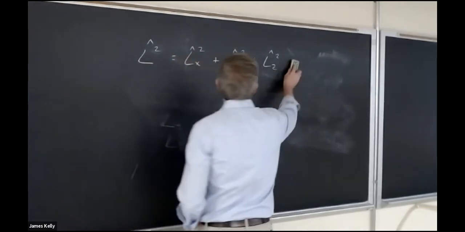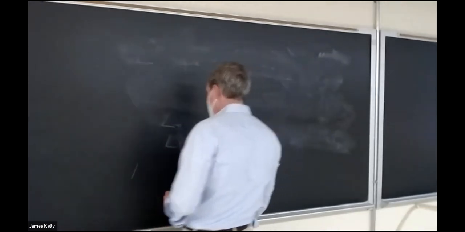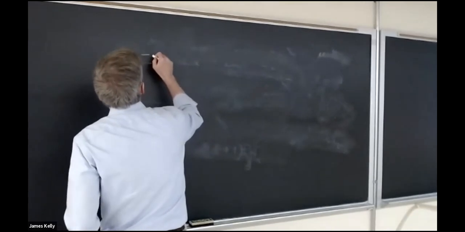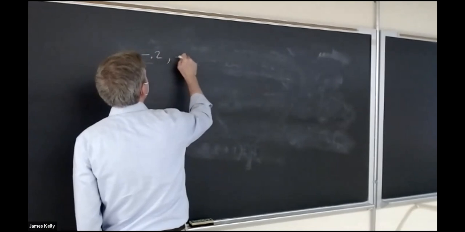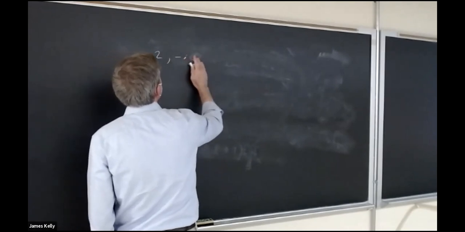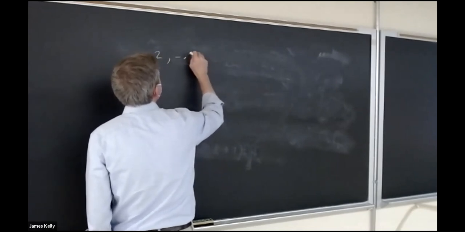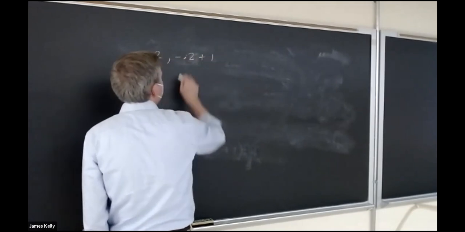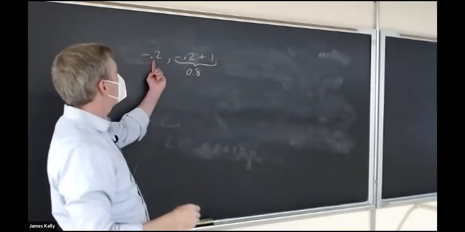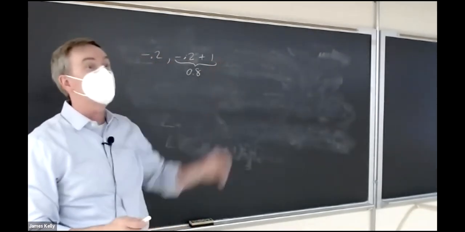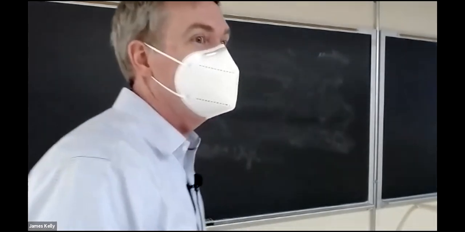Or an easier case to think of is if I start at minus 0.2, and then the next one is going to be minus 0.2 plus 1, which is plus 0.8. I've already missed the corresponding value, so it doesn't work very often. It's got to be a very particular value.